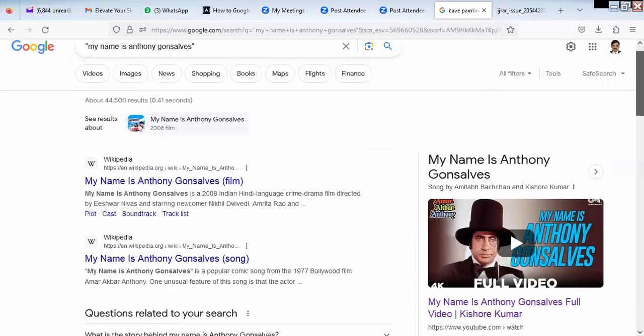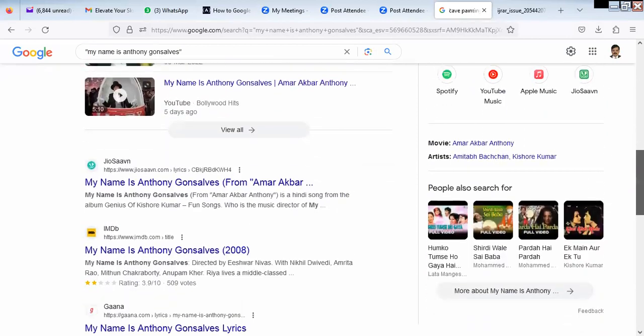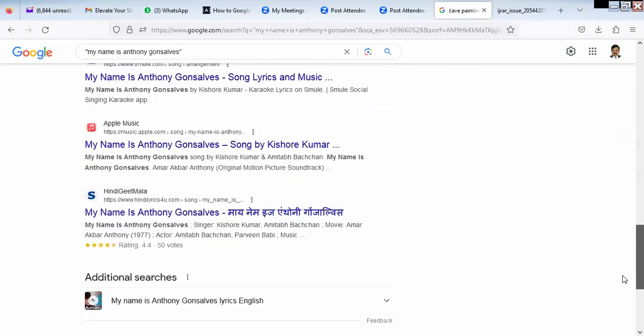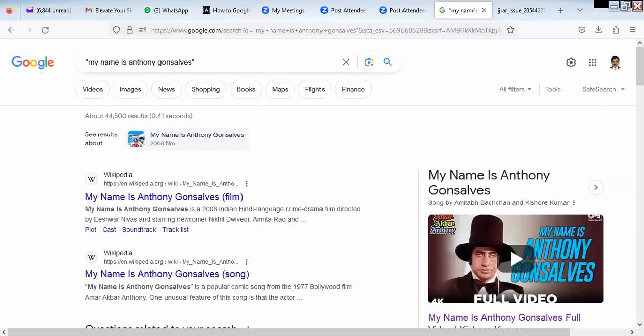Why put it in quotes? Because the complete sentence will come. That's why I'm searching like this. If you want a complete sentence, like some song, anything like that, you can search.